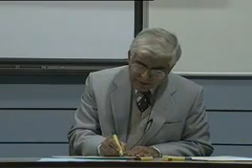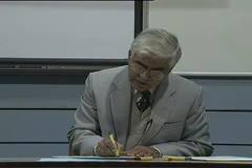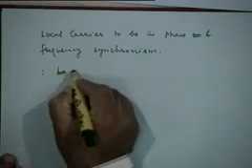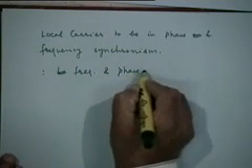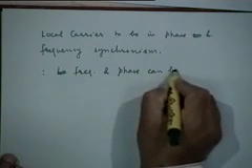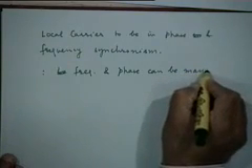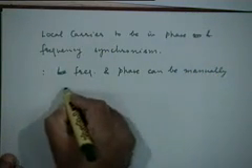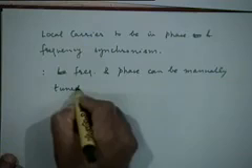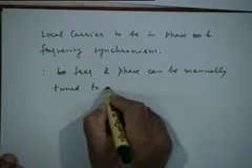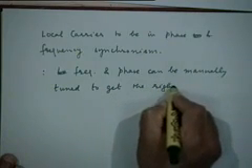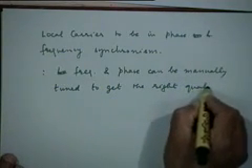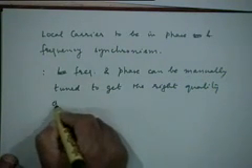So the local carrier frequency, let's say the frequency and phase in this case, can be manually tuned to get the right quality of m(t).